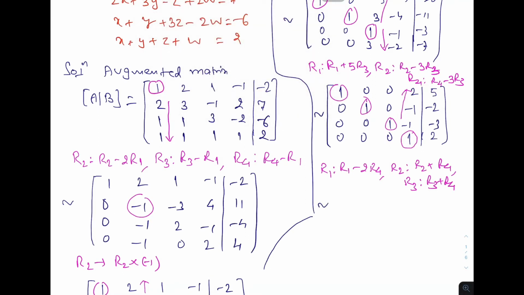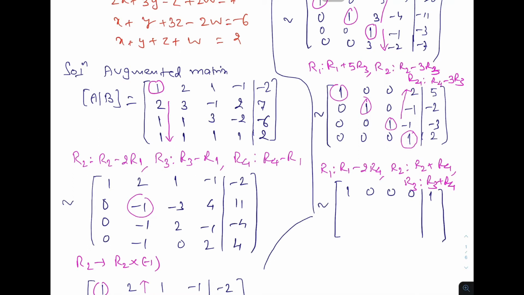So we have to multiply with minus 2 here and add here. So that is nothing but 1 0 0 0, and multiply with minus 2 here, so minus 4 plus 5, and that is 1.